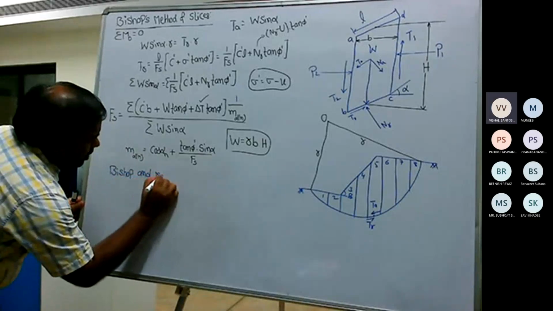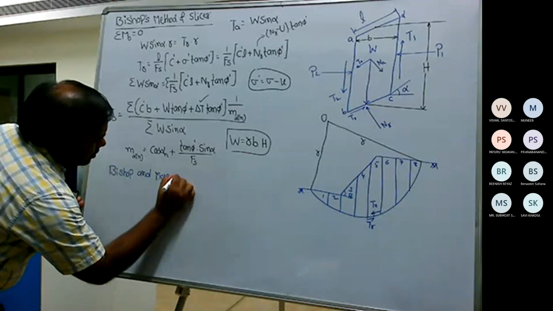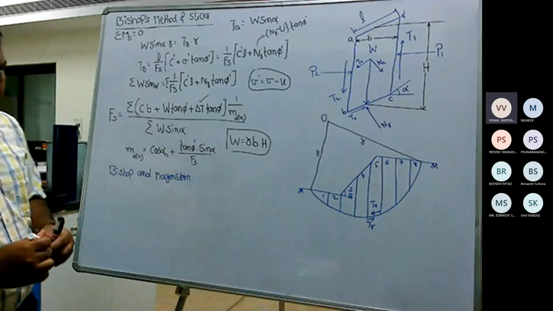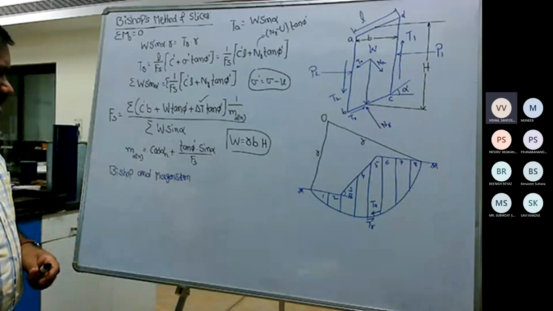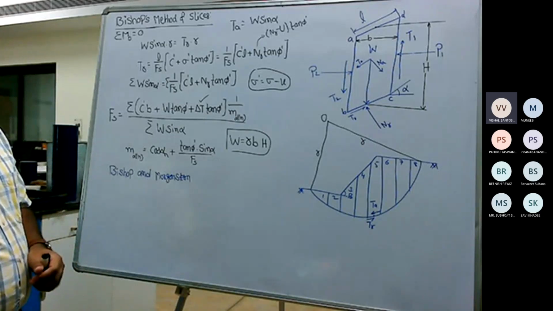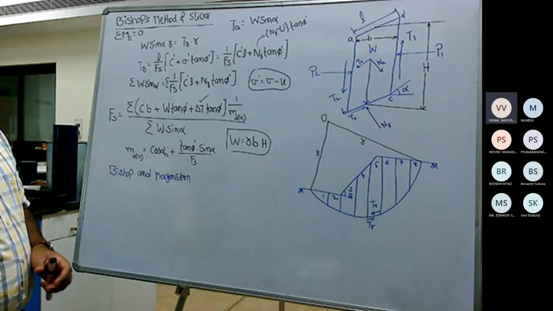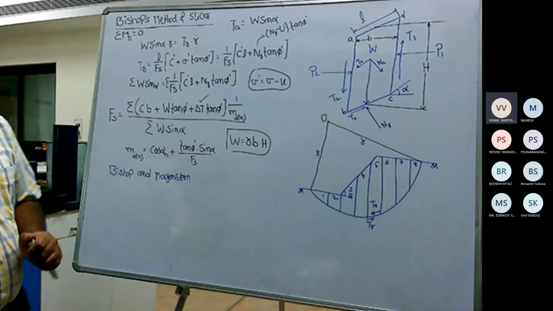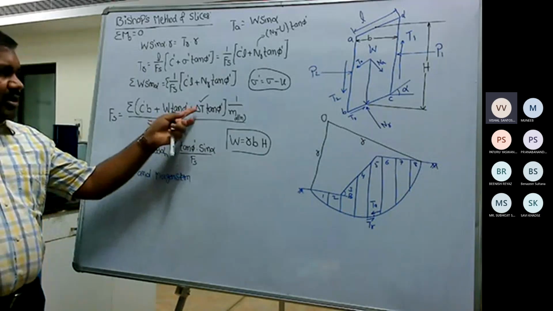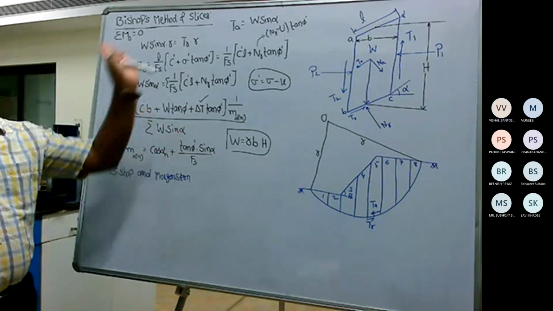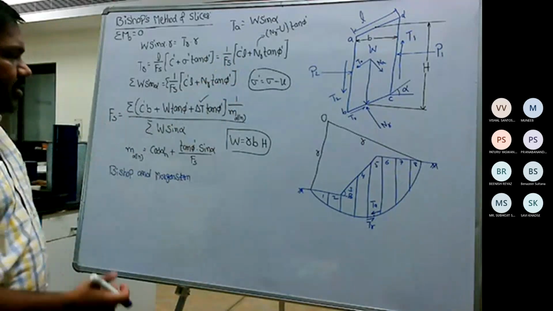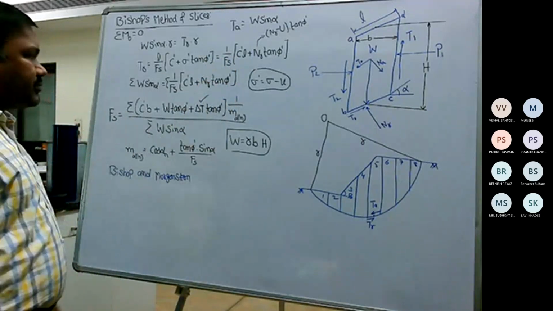Sir, in the Bishop formula, if we put delta T equal to 0 to make it the ordinary method of slices, it should become the factor of safety of the ordinary method of slices, no sir? Exactly. If you put delta T equal to 0, this directly goes to the ordinary method of slices. There is no doubt in it.